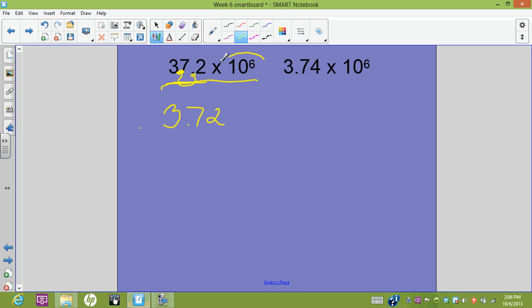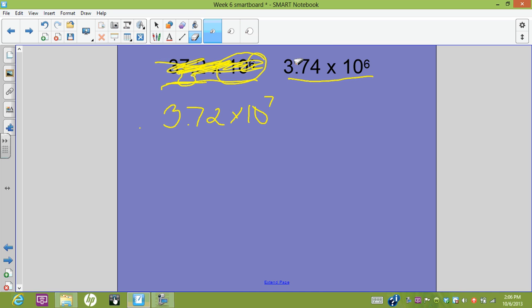But we can't just leave our power of 10 the same because it's not 10 to the 6th anymore. When we move that decimal point over to the left, this ends up being 10 to the 7th. So now we are comparing 3.72 times 10 to the 7th to 3.74 times 10 to the 6th.